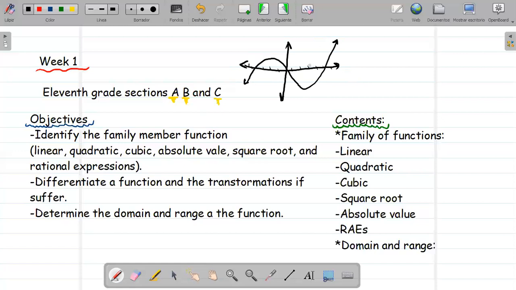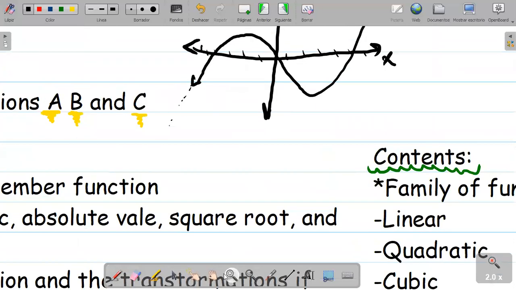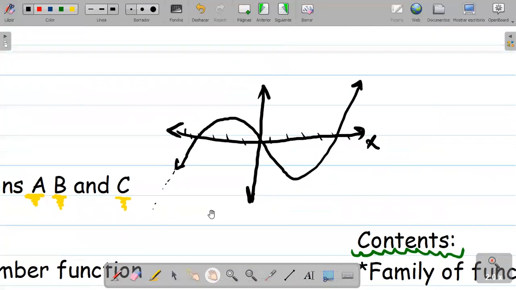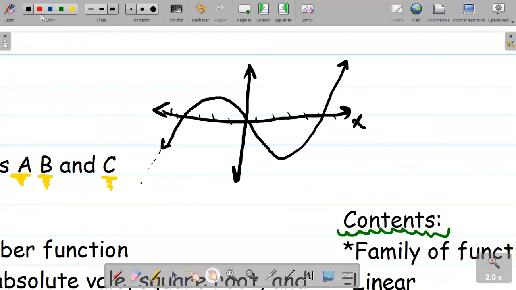But right now, for example, what x values do you think are considered if this continues extending and extending? So I'm trying to give you the idea of what that thing of domain is and what that thing of range is. Right now we're talking about the domain. When you talk about the x values, you should talk about the domain. So here is 1, 2, 3, 4, and many more values.